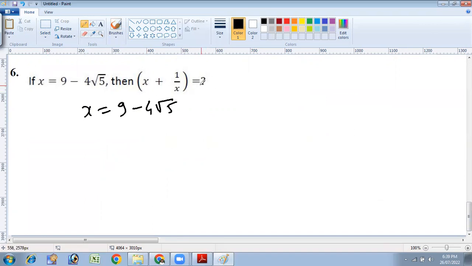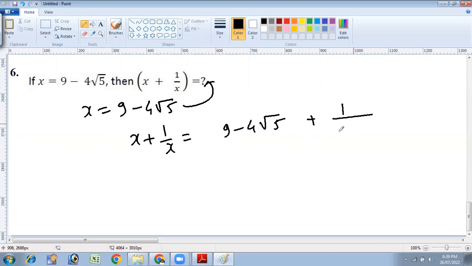Here you have x plus 1 upon x. So the x value you have is 9 minus 4 root 5, and here 1 upon 9 minus 4 root 5. Then consider here 1, cross multiply.